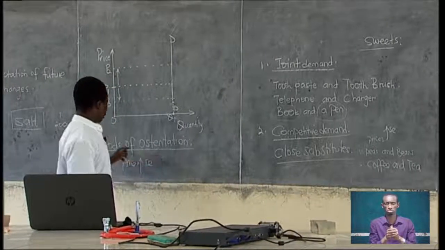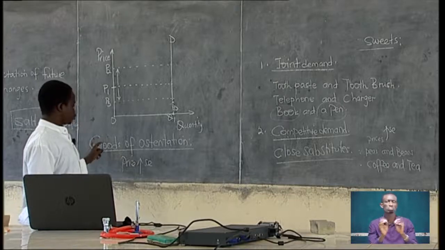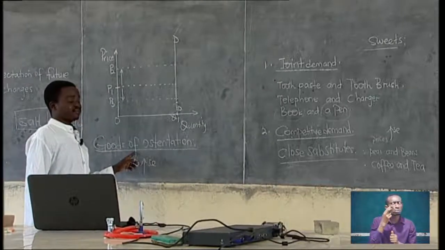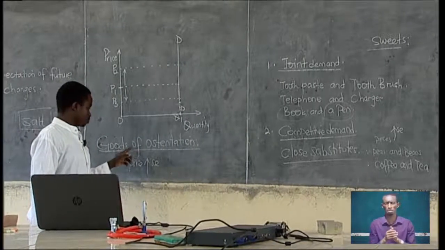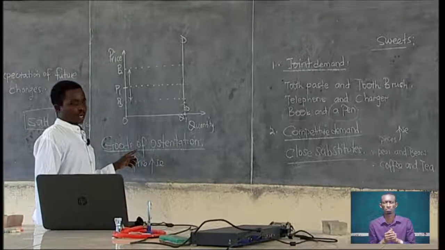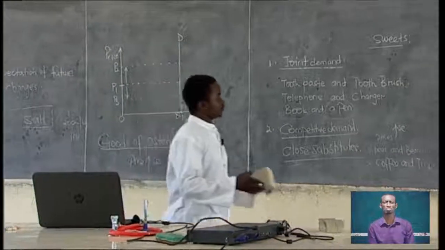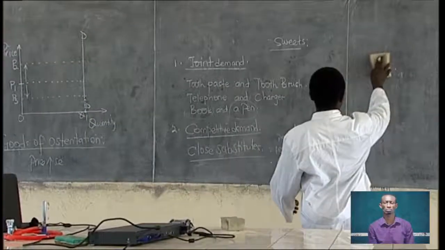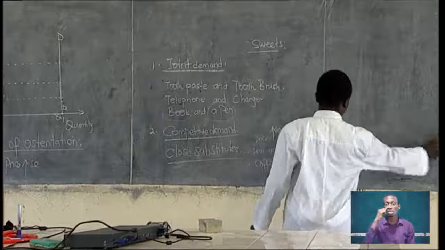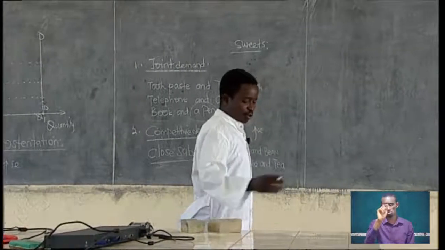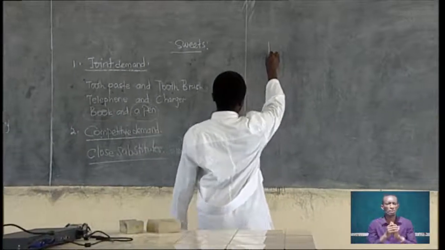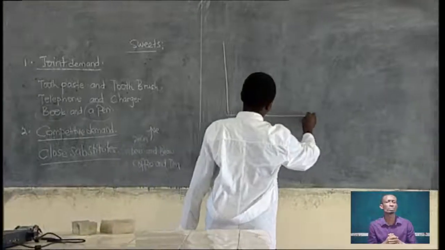So I want us to come back to these goods of ostentation, and we have an illustration on these goods. How does this behave abnormally? How does its graph look? Is it a normal demand curve, or an abnormal demand curve?